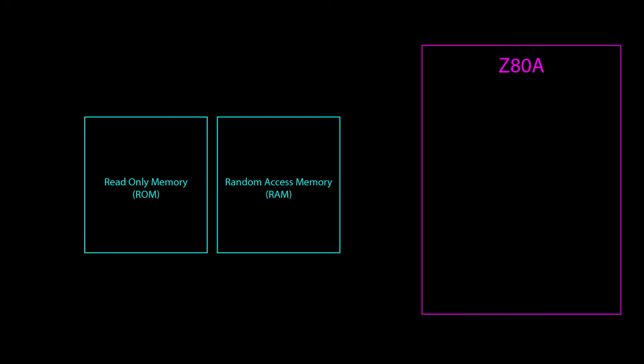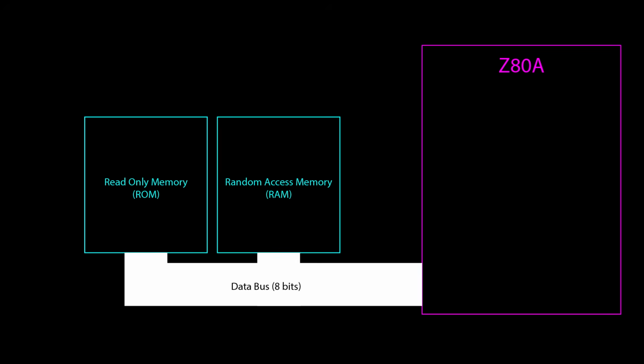In this case, memory chips in the ZX Spectrum, of which there are two types, read-only memory, ROM, or random access memory, RAM, which can be written as well as read. The Z80 is capable of requesting 1 byte at a time from this memory. Each byte is then transferred to the Z80 via 8 wires known as a data bus.